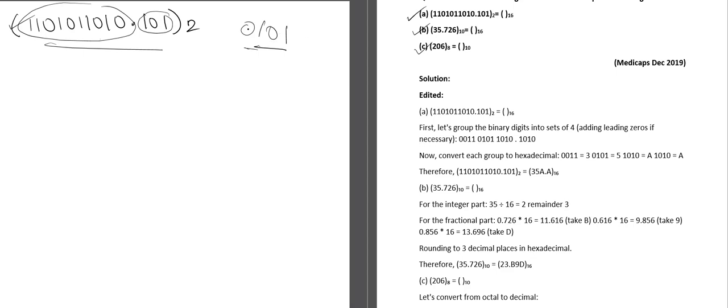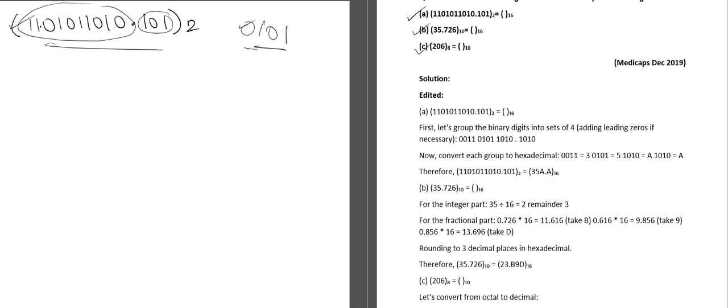Writing the 0 at the front and not writing anything will be the same, because the positional weight of this bit will be 0, as the bit is 0. So one thing we should note: if we can make a group of 4 bits, well and good. But if we can't, we need to add 0 at the front to make it a group of 4.